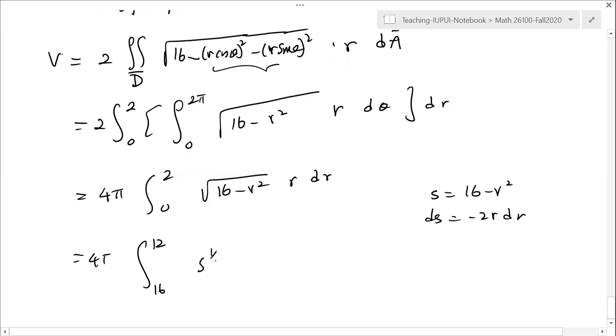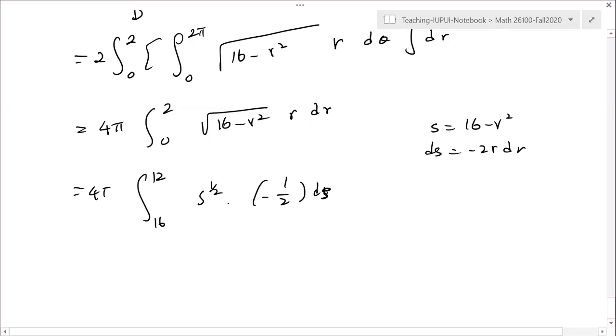That's s to the 1/2, and r dr will be negative 1/2 ds. So here's a negative sign there, so you can turn this around, from 12 to 16, and I'll take 1/2 out. So s to the 1/2 ds.